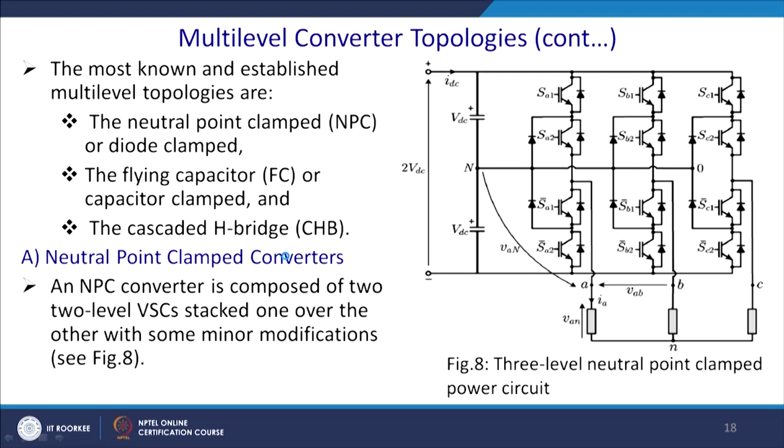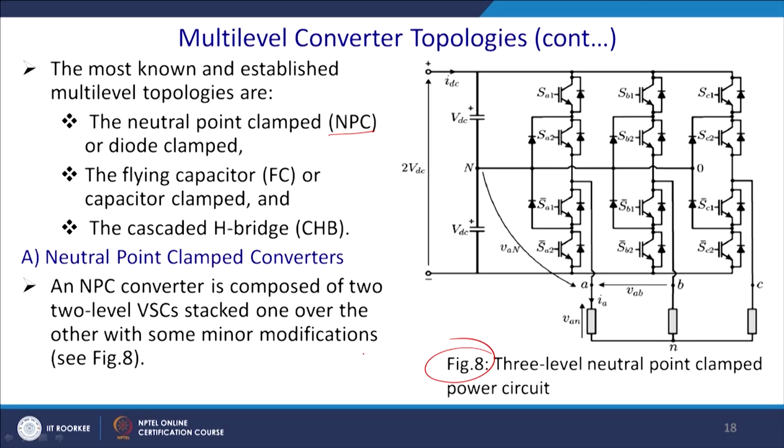The best known and established multi-level topologies are the neutral point clamp NPC or diode clamped, the flying capacitor FC or capacitor clamped, and the cascade H bridge or CHB. An NPC converter is composed of 2 level VSCs stacked one over the other with some minor modification.